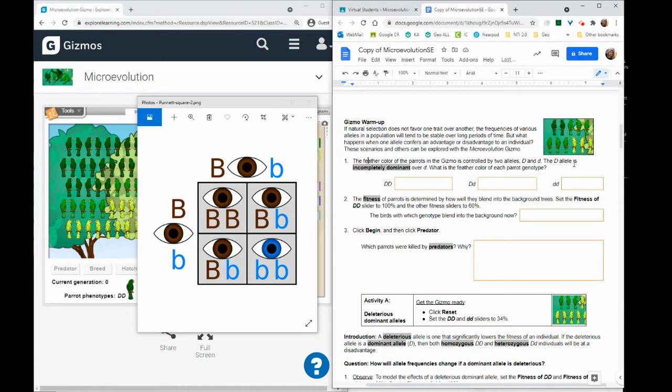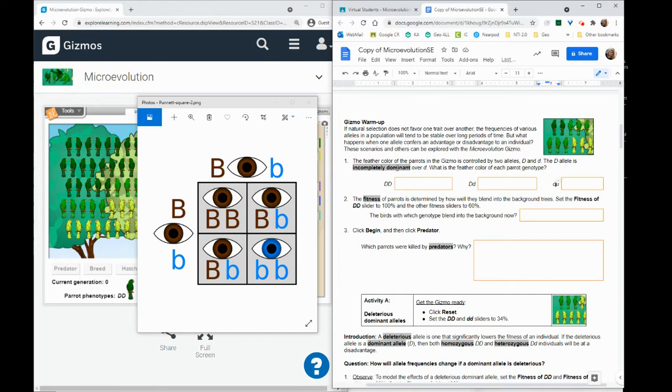The big D allele is incompletely dominant over little d. What is the feather color of each parrot genotype? So remember, genotype is what's in your genes, what's in your genetic code. That's your two alleles. So the genotypes are listed here, big D big D, big D little d, and little d little d. And we're asked to give the feather color, so the phenotype, what we see.